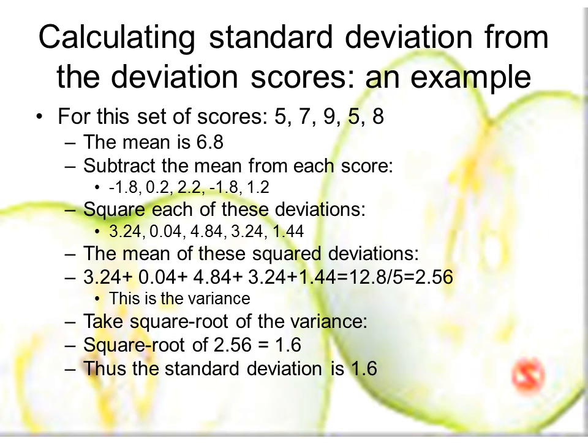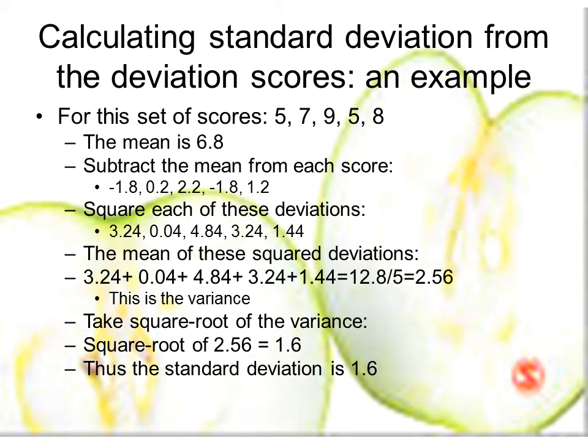Remember, we're going back to that initial set of scores, 5, 7, 9, 5, 8, and we have obtained our variance. We've squared the deviations, and then what we do is find the mean of the squared deviations.